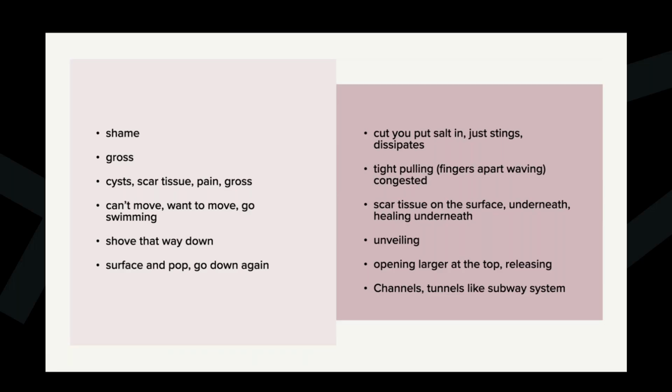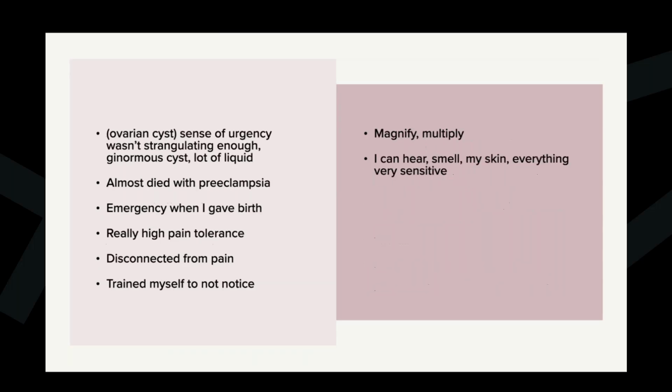They used it showing with their fingers, tight pulling and congested. They were talking about the scar tissue on the surface, but underneath there was this tunneling, and the healing is going on underneath. They talked about unveiling, opening larger at the top and releasing, and channels and tunnels like a subway system. Kind of like the rat conveyor belt, right?